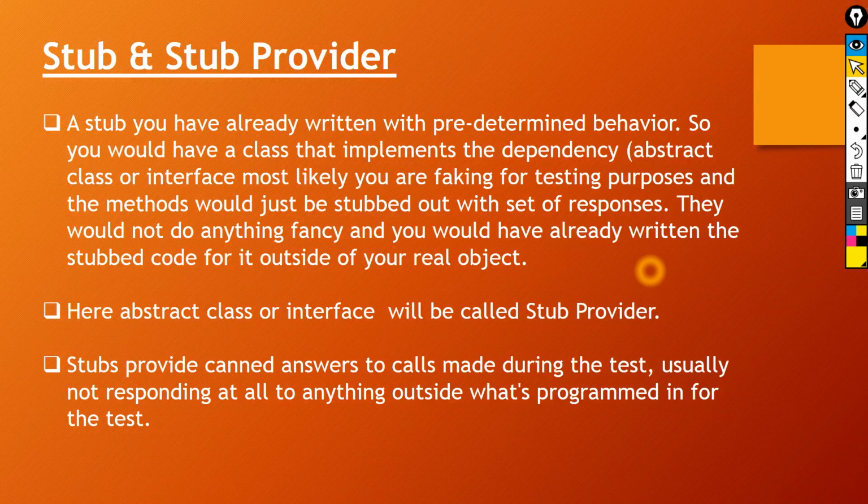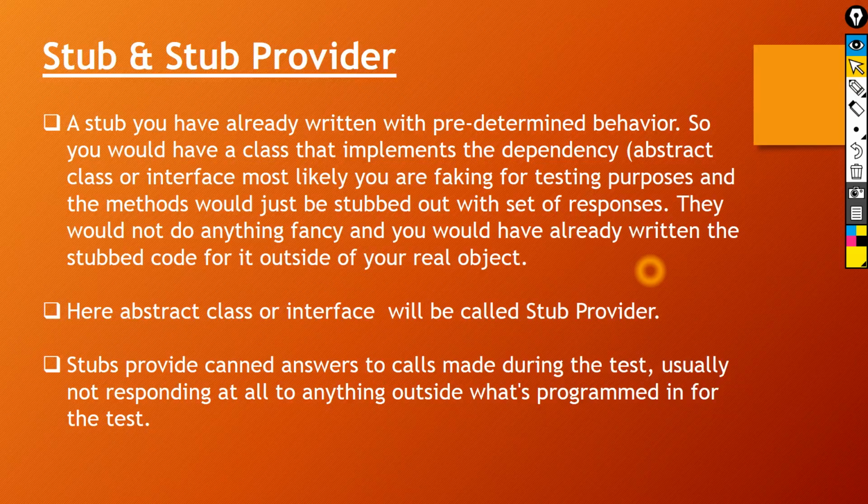It may be an abstract class, it may be an interface. Most likely you are faking it for testing purposes, and the methods would be stubbed out with a set of responses. They would not do anything fancy, and you would have already written the stub code for it outside of your real object. Okay, so this is the definition of stub.